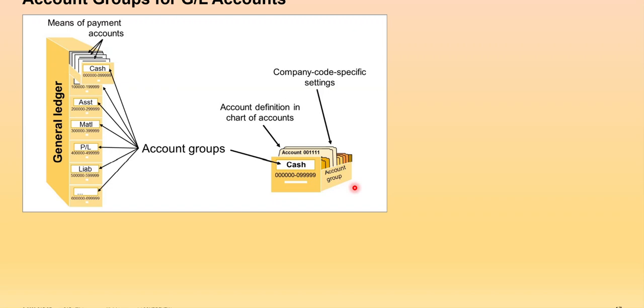Account groups also control the appearance of the company code segment of GL accounts. Account groups control the fields that are required for data entry, the fields that are optional for data entry, the fields that do not show up at all in the company code segment.